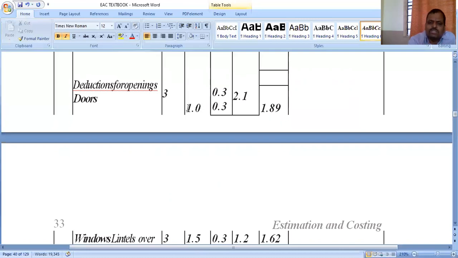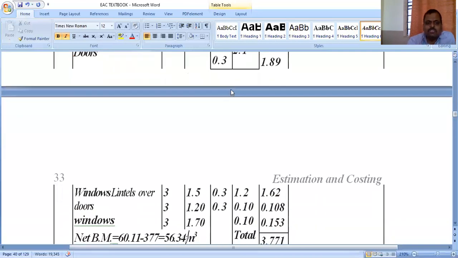The length of the door is no doubt 1 meter. The width of the door is 0.3 meter, no doubt, and the height of the door is 2.1 meter. If we go through the plan, you will see that there are totally 3 number of doors. We multiply 3 into 1 into 0.3 into 2.1. It will be 1.89 cubic meter.